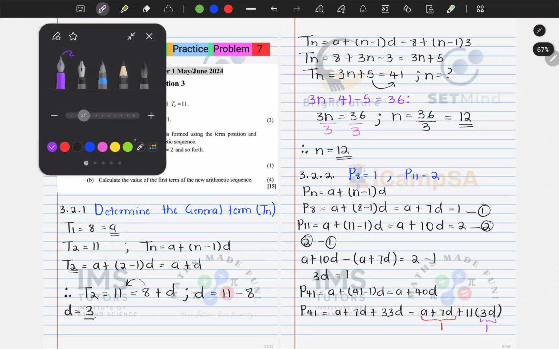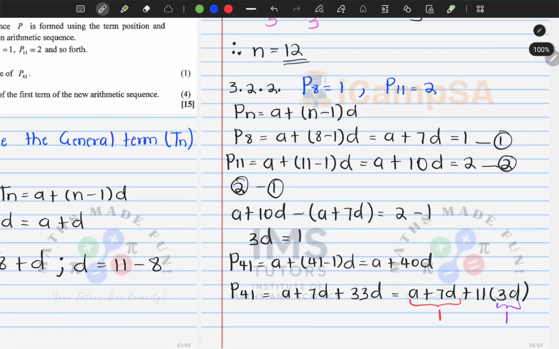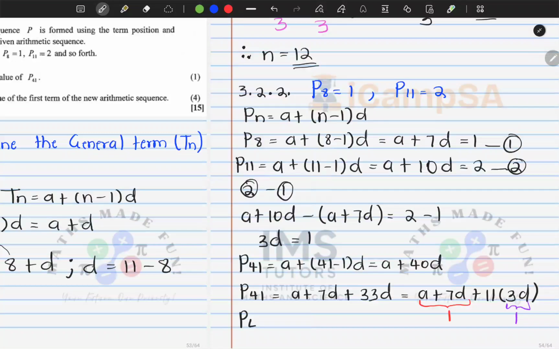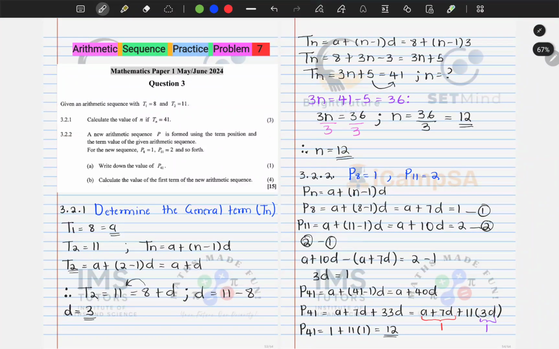So our P41 will be 1 plus 11 times 1, so the answer will just be 12. Okay, that is what our P41 is. You could alternatively calculate a, then figure out d, and then sub into the formula to determine your P41.